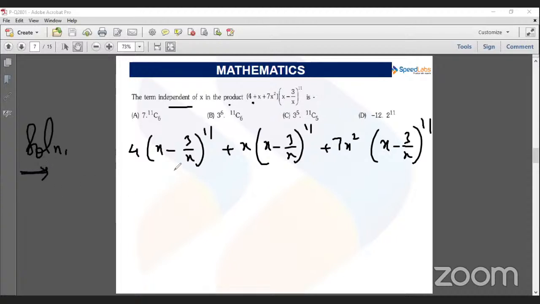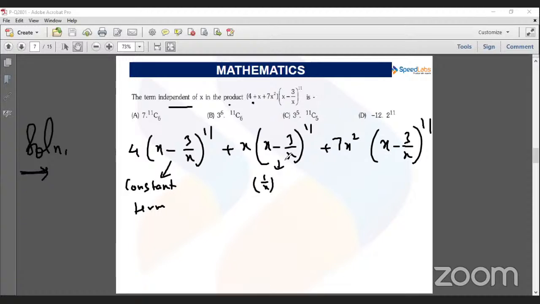Okay? So we need the constant term here, because for independent of x we need the constant term. The constant term from here will be multiplied with 4, and that will be the independent term. From here I need the 1 by x term, because 1 by x into x will give me a constant term.